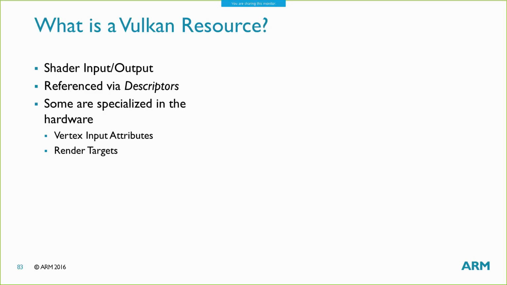So some of the things we're talking about: buffers, which are very much like the same buffers that you had in OpenGL. They're just arrays of data. Images, again, are just things like textures. Both of these, by the way, in Vulkan can be read and/or written depending on how you create them, how you set them up, and what you tell Vulkan you're going to do with them.